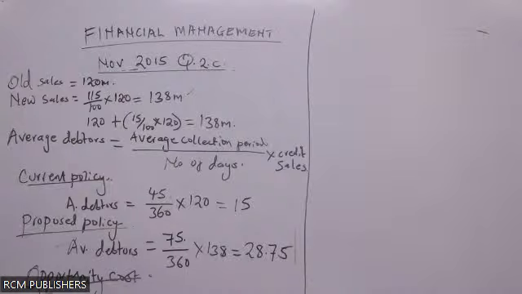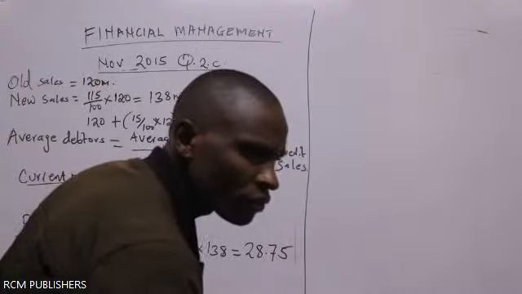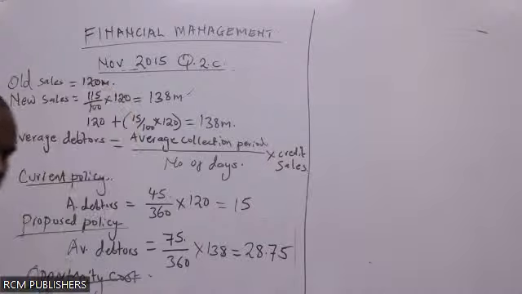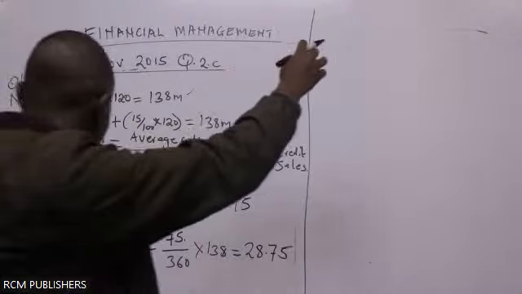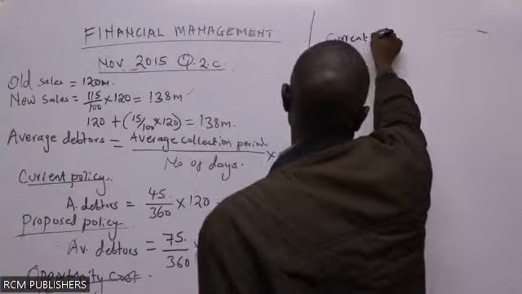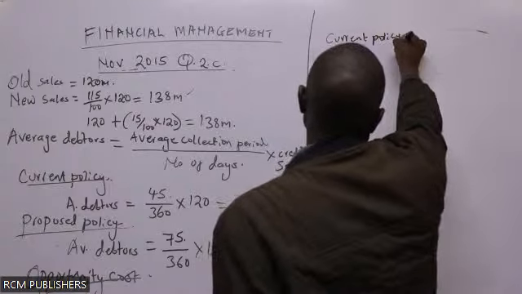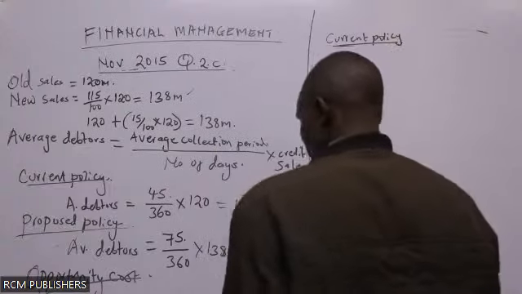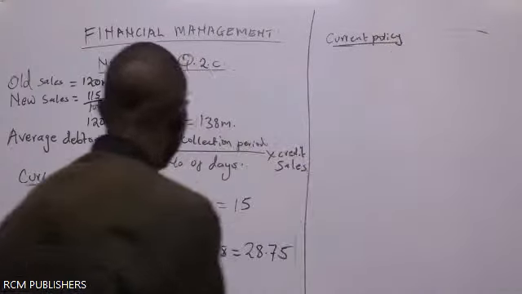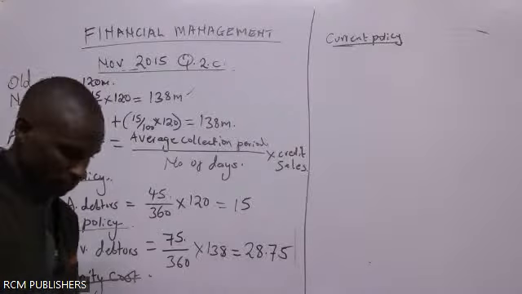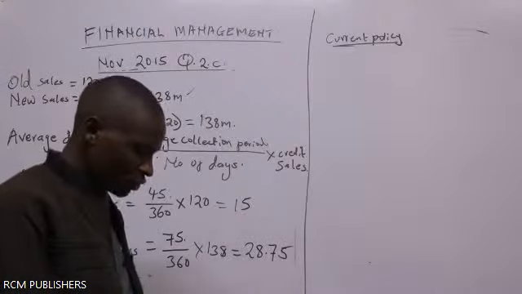I don't know, is it really visible? Let me use this side for the current policy. How are we going to get the opportunity cost?